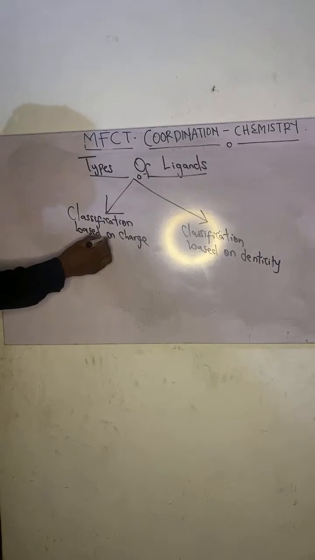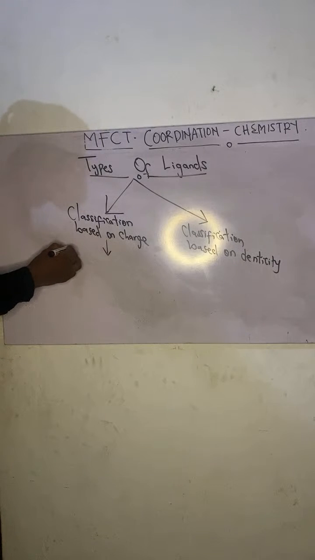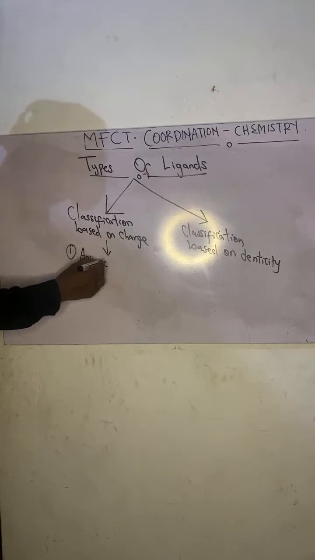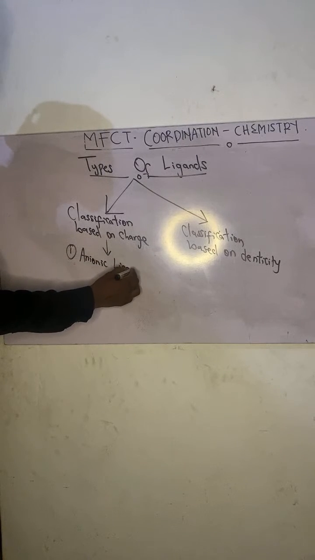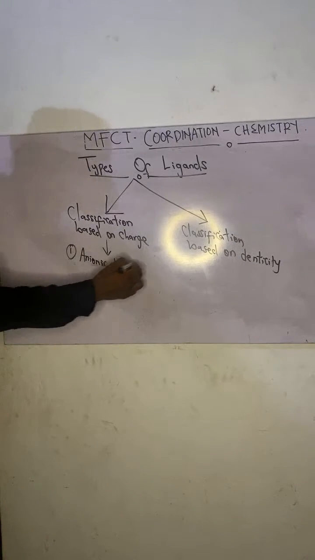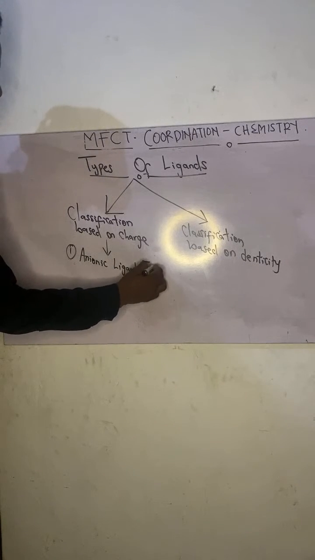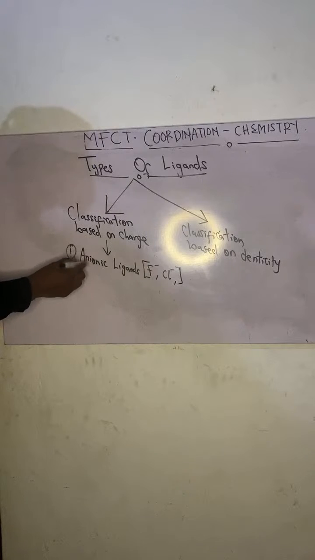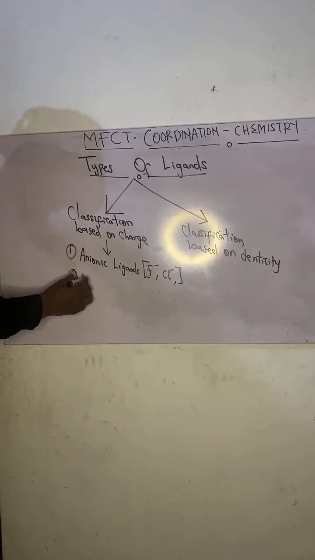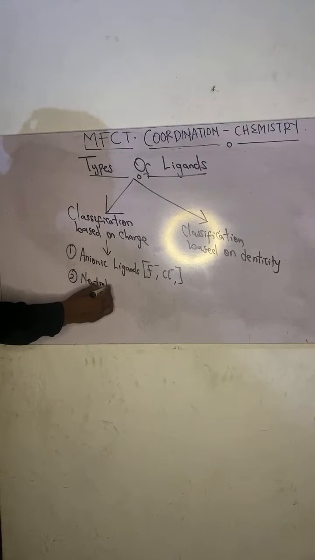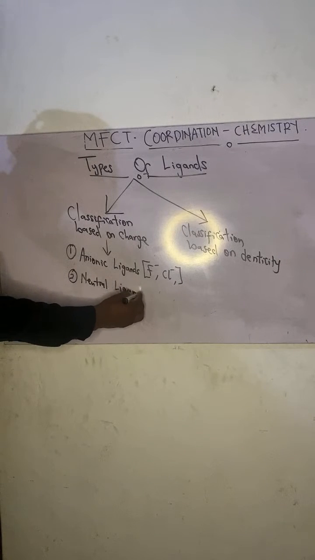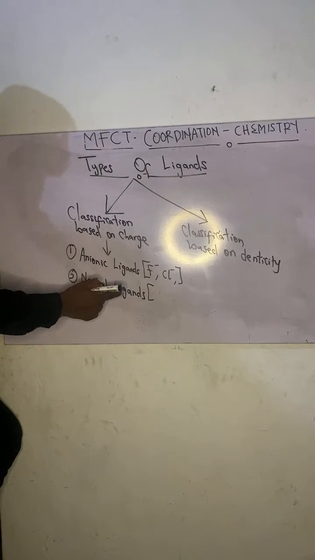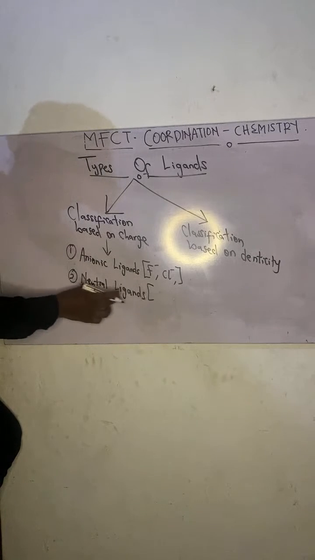If we are talking about the classification based on charge, we can have number one, anionic ligands, those that are negatively charged, like F-, Cl-, etc. We can also have neutral ligands, those that have no charge.